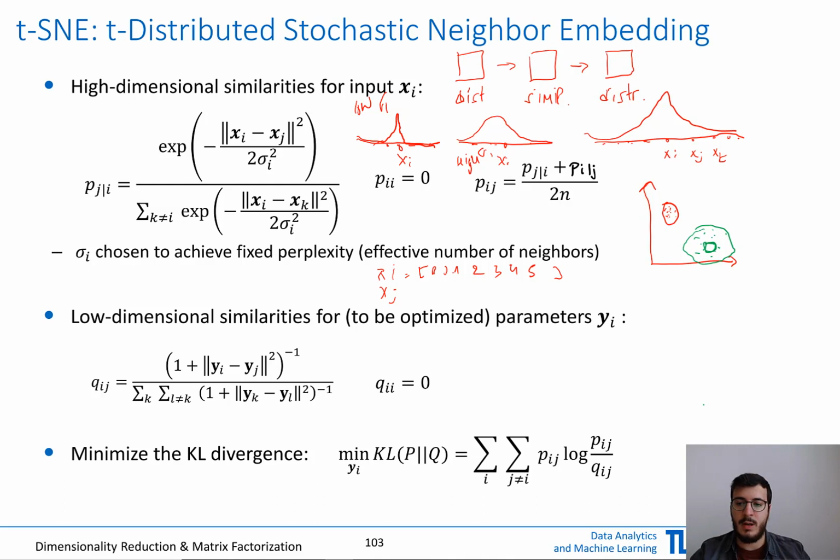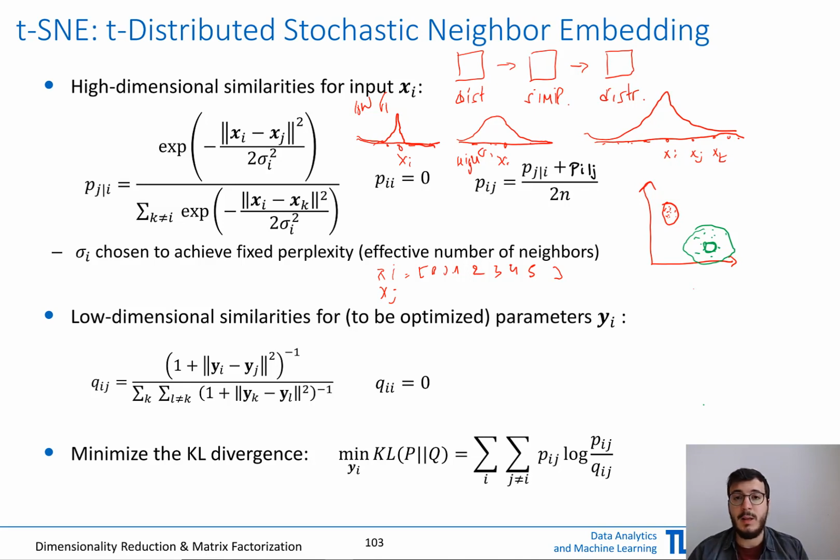And with this, we have obtained an n by n matrix, where pij tells us how similar data point i is to data point j. Previously, I mentioned perplexity as a way to set the sigma i's. The way you can think about this is that it controls the effective number of neighbors.